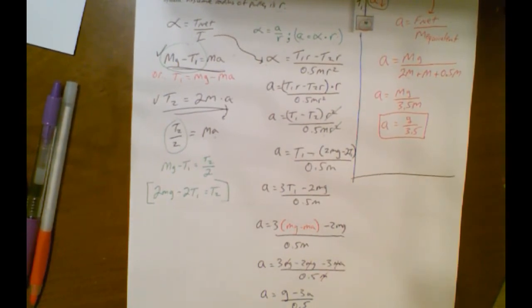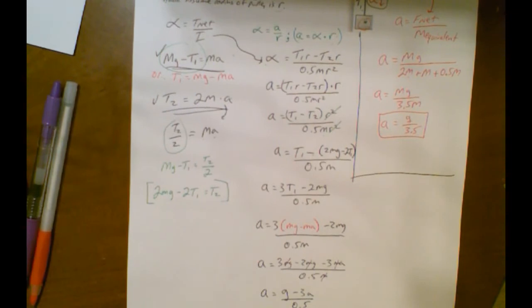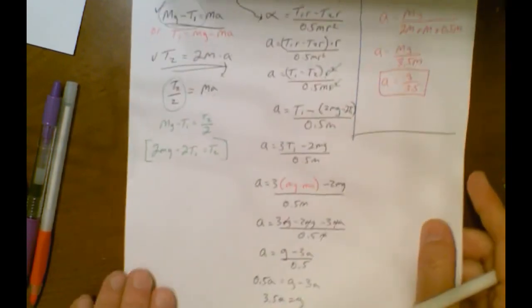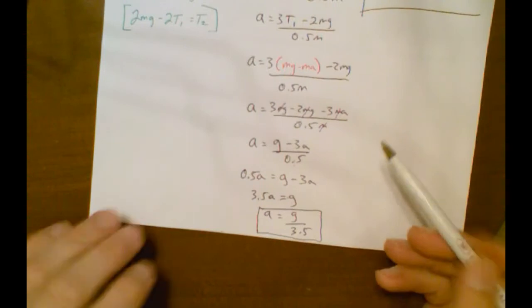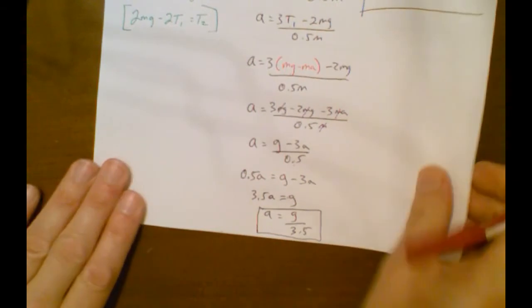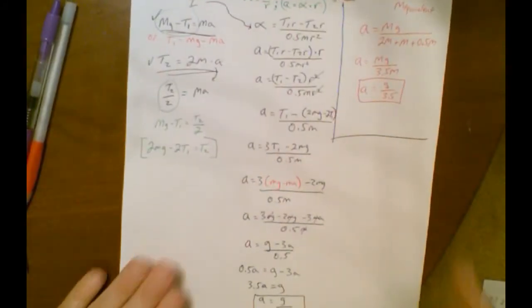Holy camole, that's a lot of algebra. And you couldn't even see the last part of that. I apologize about that. That's great videoing, Doug. Let's see if I can get up there a little bit better.